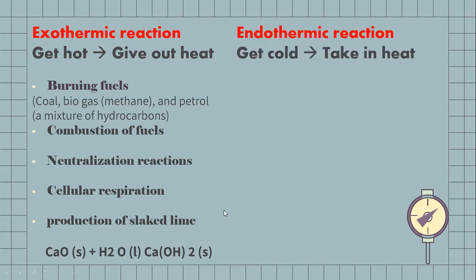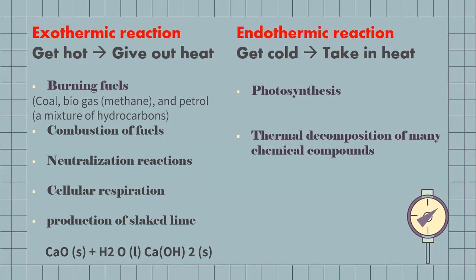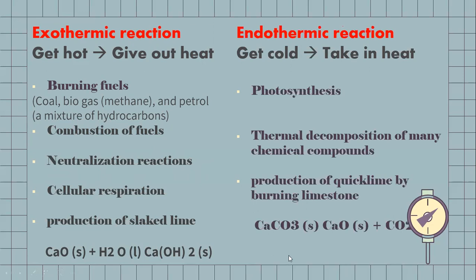So endothermic reaction, during endothermic reaction, the temperature decreases. That means it gets cold, so it absorbs heat. So we call it endothermic reaction. For example, you can see photosynthesis, thermal decomposition of many chemical compounds, production of quicklime by burning limestone. You can see the chemical equation here.